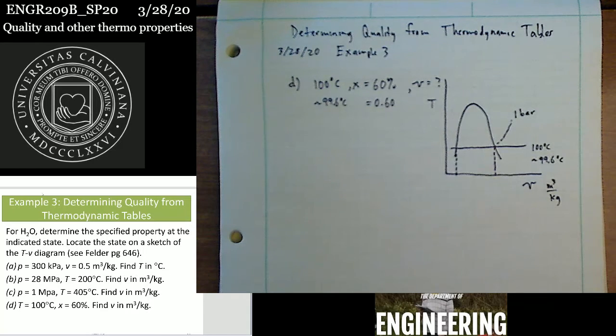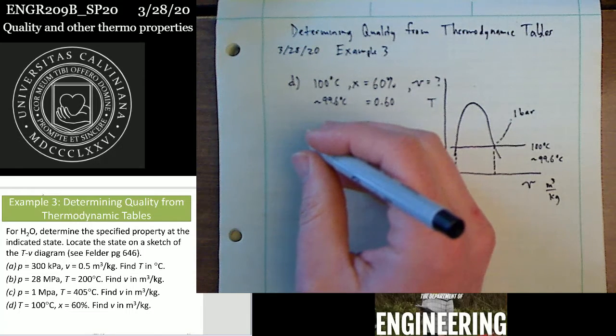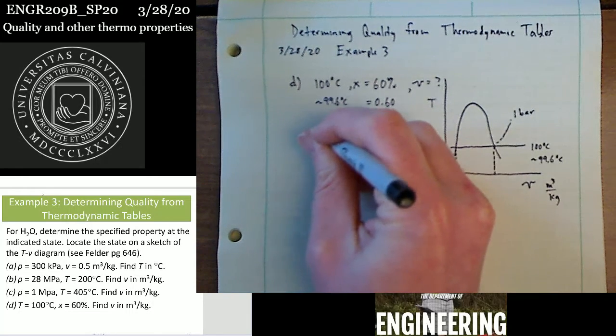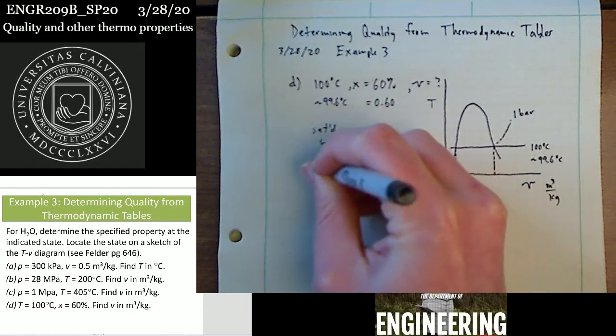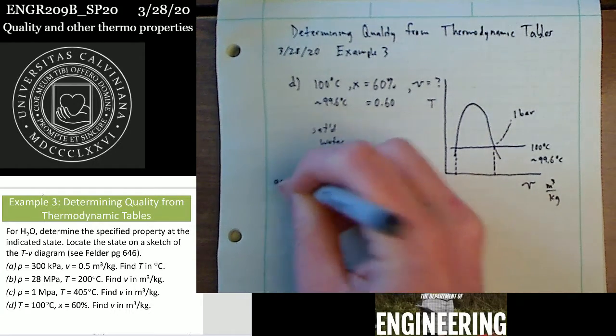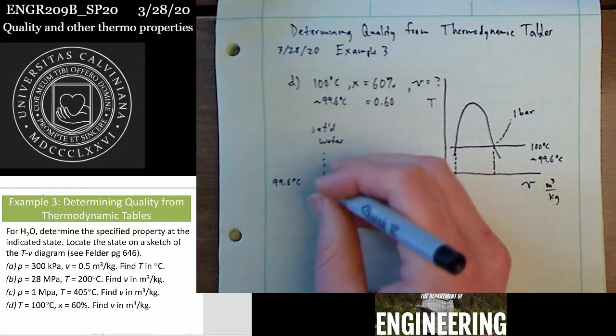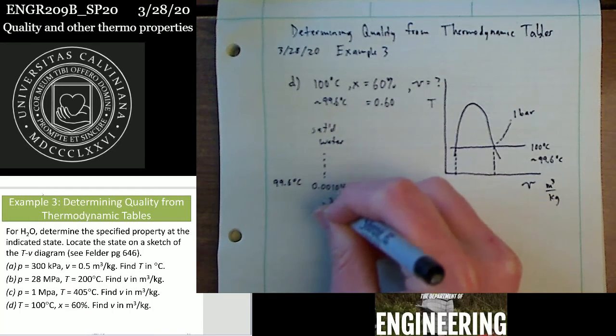If you look at the left-hand side columns of table B7 on 650, we can see that for 1 bar and 99.6 degrees C, our specific volume for saturated water is, go down to 99.6 degrees C. The specific volume here is 0.00104 meters cubed per kilogram.